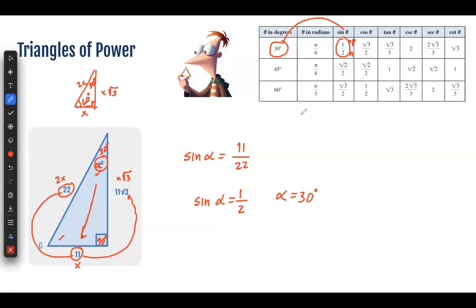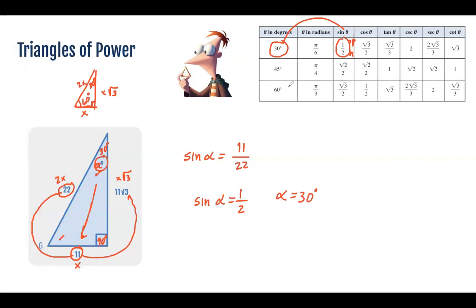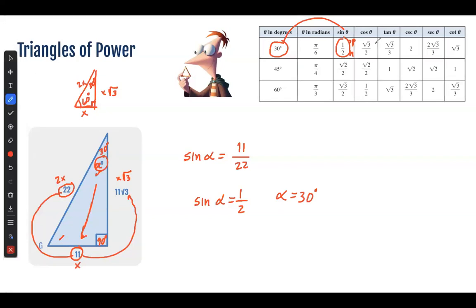So that is just the meaning of the ratios. If the relation is for every square root of 3 units I have on the adjacent, I have 2 units on the hypotenuse, I'm going to be having also a 30-degree triangle.